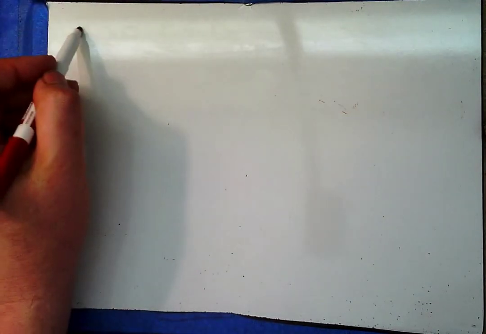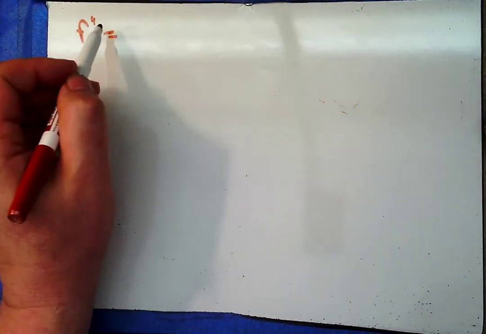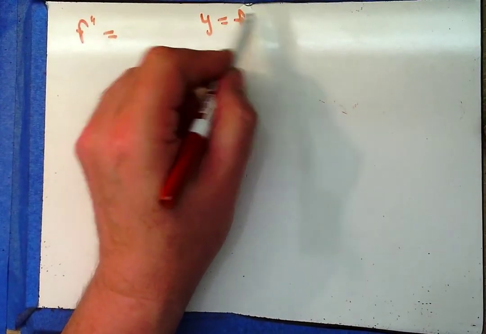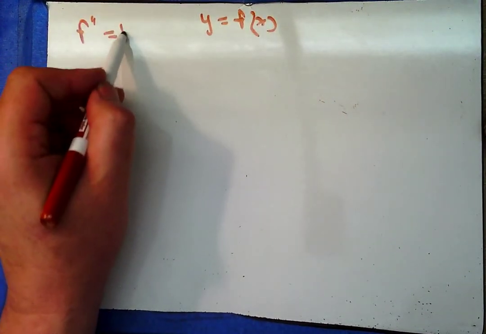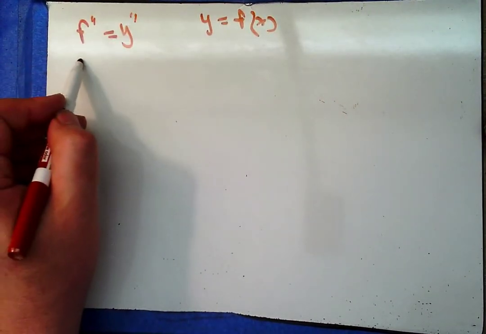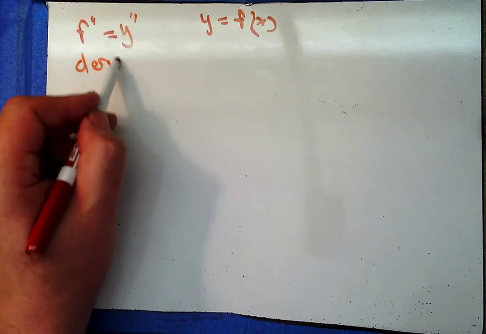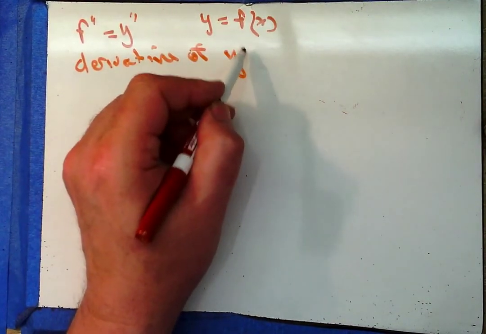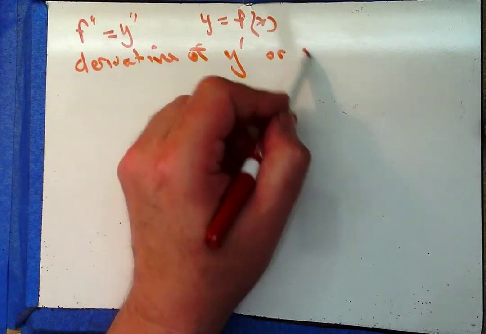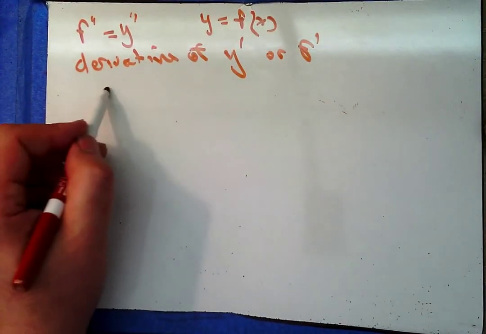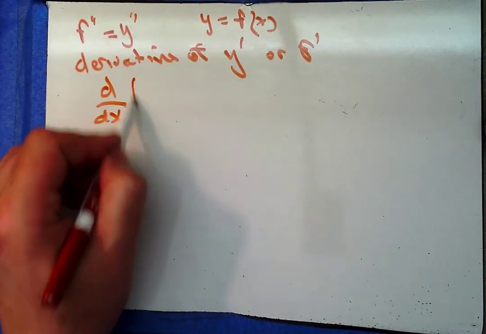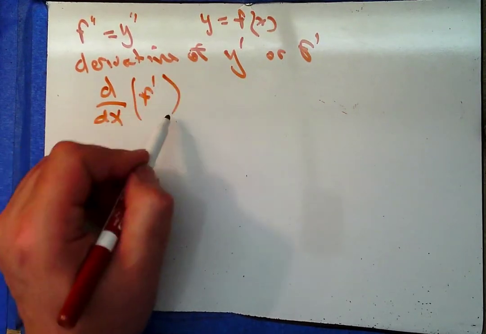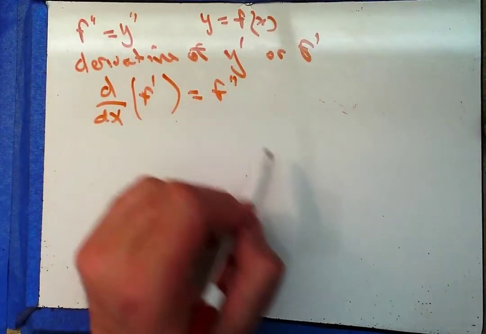So now when we talk about f double prime, if y equals f of x, f double prime could be y double prime, the derivative of y prime, or f prime. We're going to take the derivative of f prime, and that's going to give us f double prime.